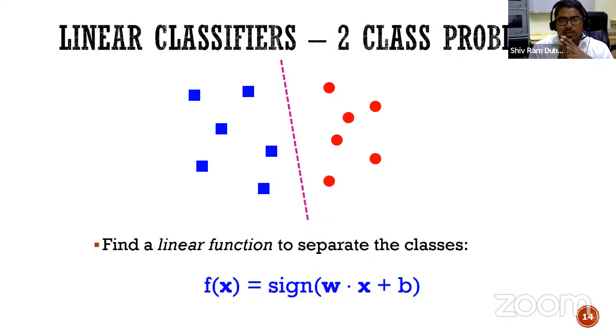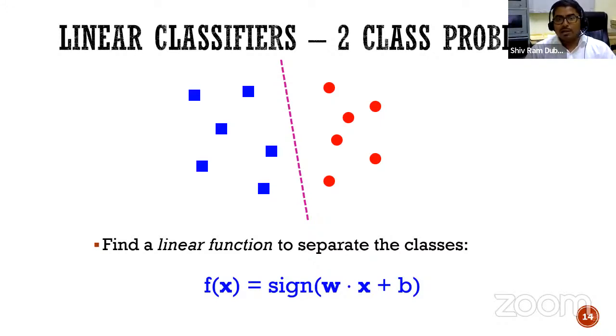But what happens if these red samples come to the left side, or blue samples go to the right side? That means we cannot find a linear classifier or a linear hyperplane which can separate these two categories. Then this linear classifier will fail in that situation. And that's what happens in reality.